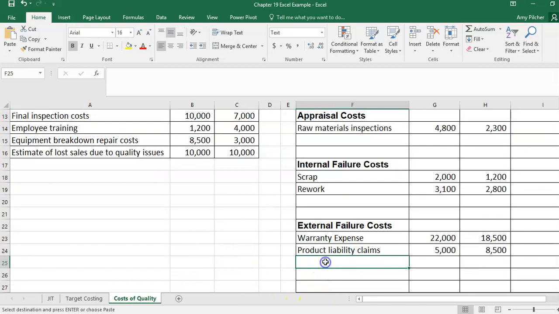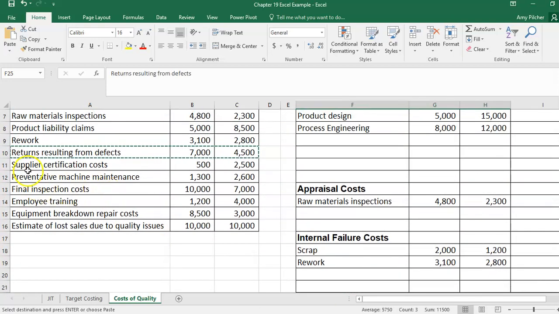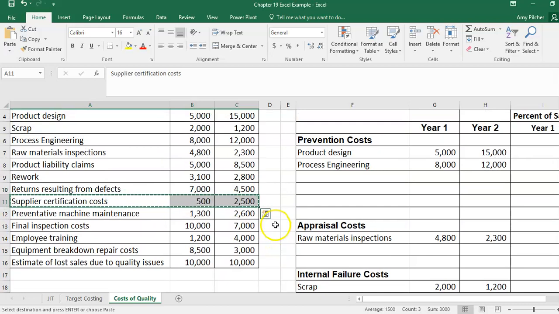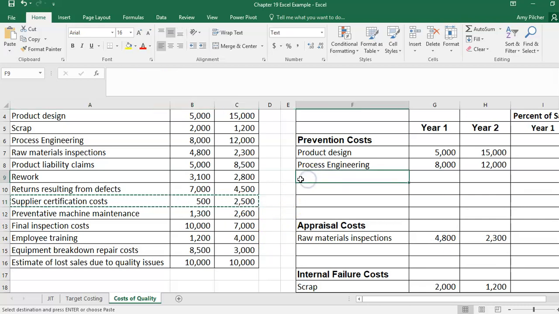So returns is an external failure cost. Supplier certification costs. Supplier certification is where we make sure that we have the best suppliers available so that we're getting the highest quality direct materials. So supplier certification is a prevention cost.